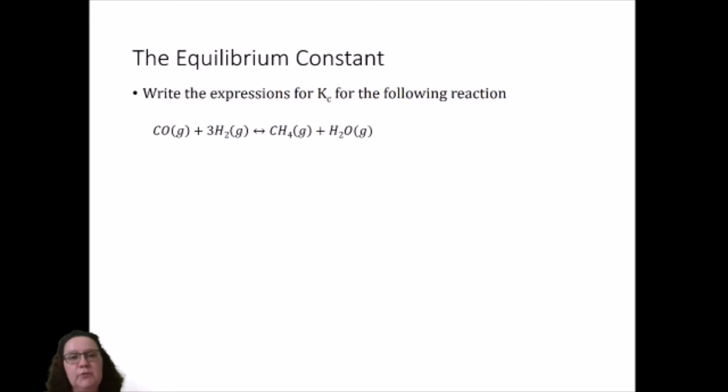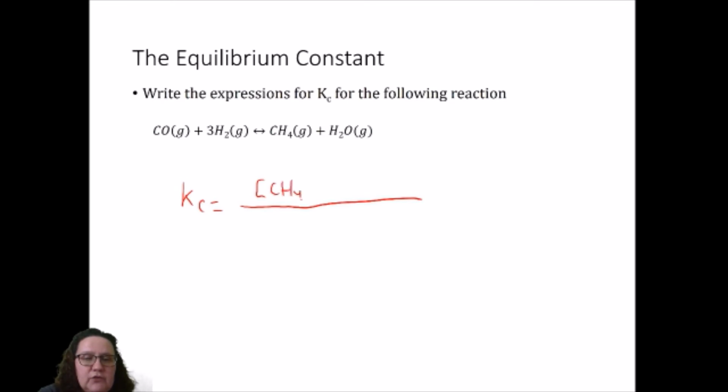I hope you stopped the video and had a go at the exercise. How would I write the equilibrium constant for this reaction? Well, Kc would be the product of the concentrations of the products, which are CH4 and water, and they both have a coefficient of 1, because their stoichiometric coefficient is 1.